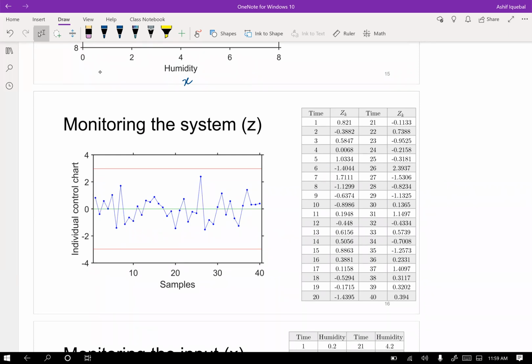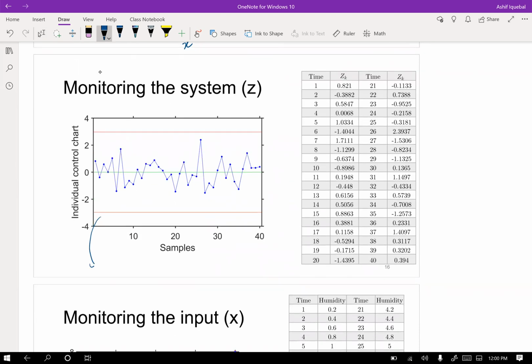This is again the individual control chart. When I construct it, I notice that all of the points are inside the control limits. If all of the points are inside the control limits, this basically means that there's nothing wrong with the system.